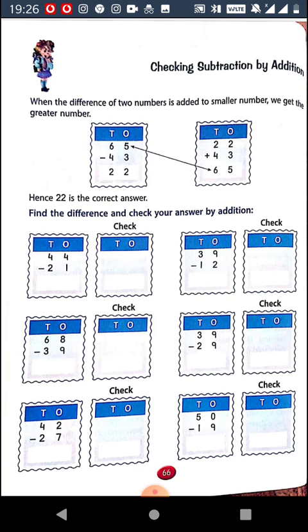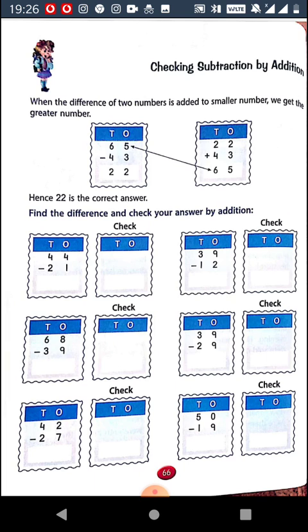In the previous videos, I explained subtraction of two-digit numbers in expanded form and vertical subtraction by regrouping. That is regrouping tens to ones.